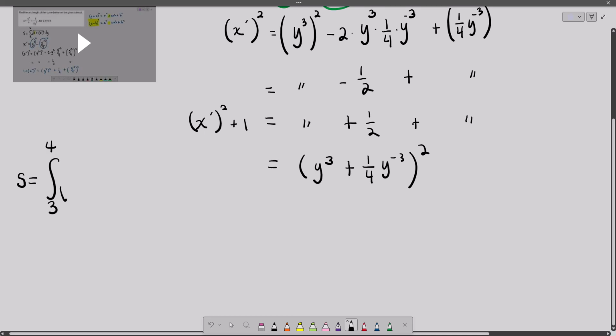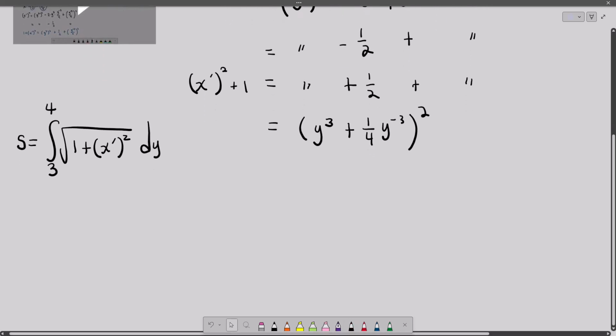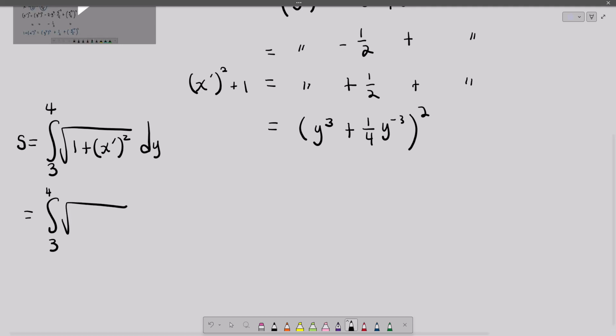And remember, the formula is the square root of 1 plus x prime squared times dy. So now we're just plugging that function into this formula. So we have the integral from 3 to 4, square root, 1 plus x prime squared is all of this.